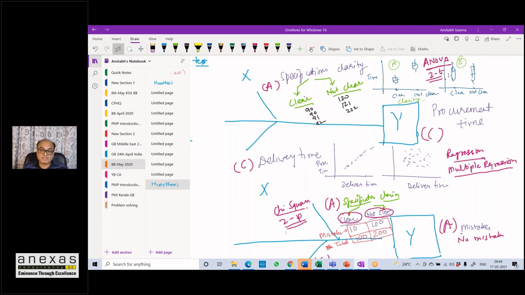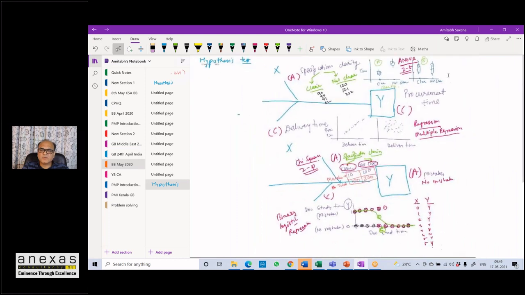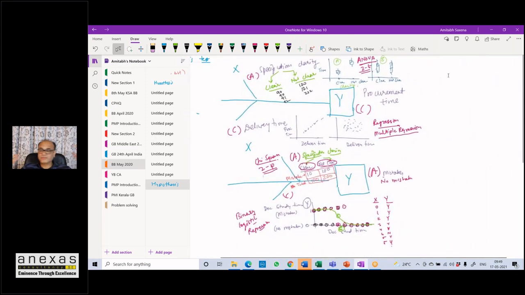So these are the different tests which we'll be studying in the hypothesis test. Also, one more thing: suppose I'm not interested in the relationships between X and Y, I'm just interested in making a statement about the Y. Procurement time in our company is equal to 122 or more than 122.